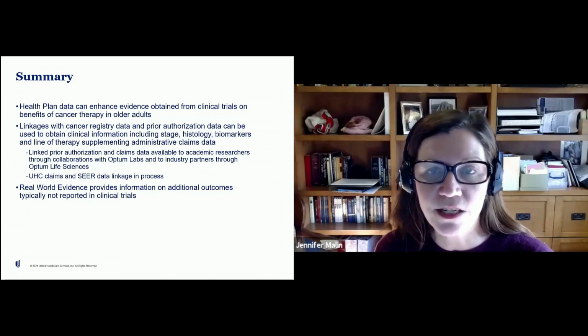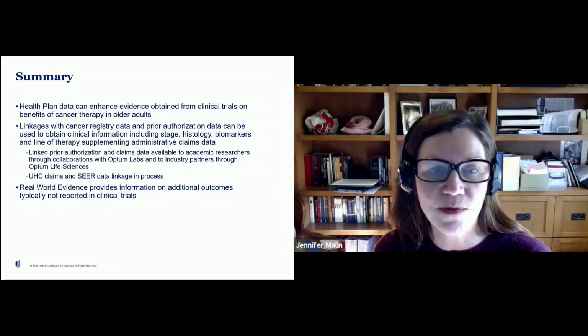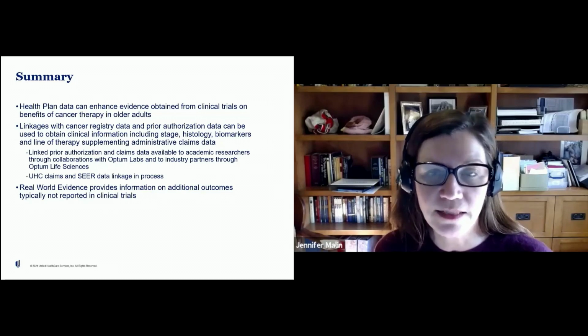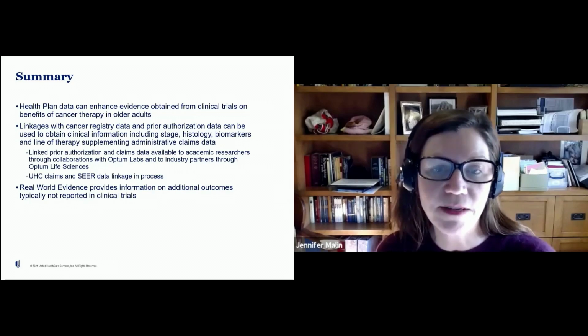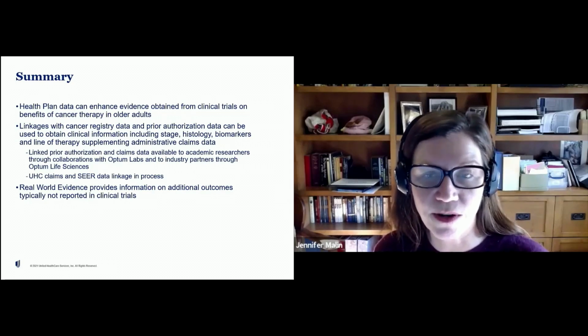Linked prior authorization and claims data are available to academic research partners through collaborations with Optum Labs and to industry partners through Optum Life Sciences. UHC claims and SEER data linkage is in process and should be available later this year. And real-world evidence provides information on additional outcomes typically not reported in clinical trials.